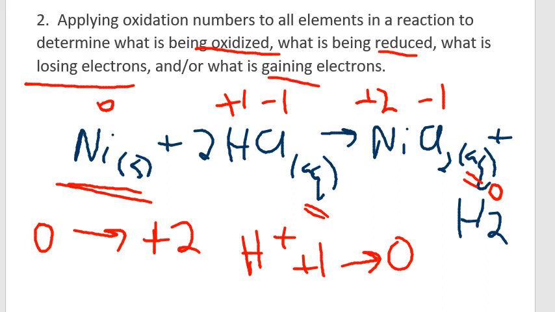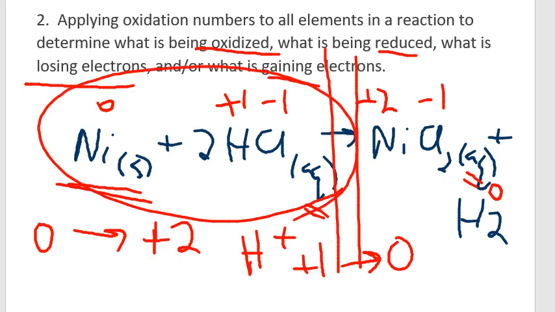One of the most important things to keep in mind when you're asked one of these 4 questions is that you're dealing with the substances as the reactants. It's not the products, because if it's the products, it's already been done. Something's being oxidized and something's being reduced, and be very specific. In this case, it was nickel atoms and hydrogen ions that are undergoing the changes.